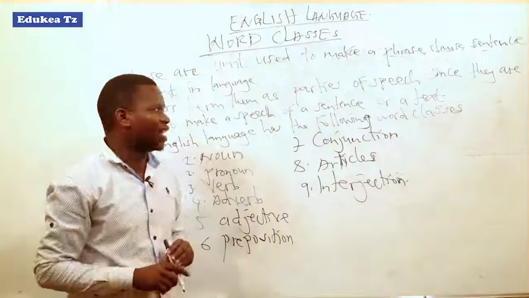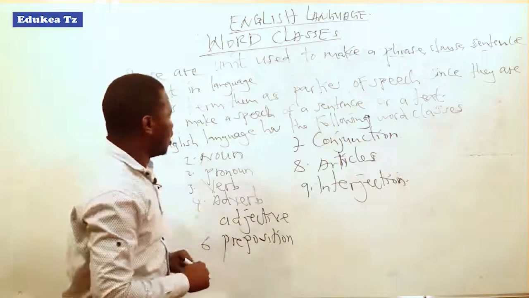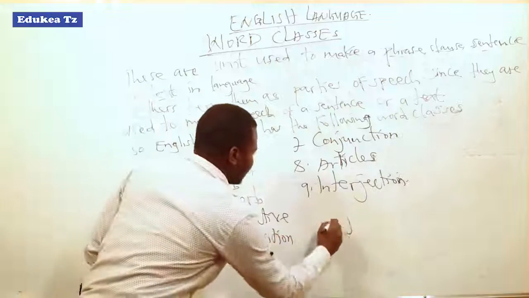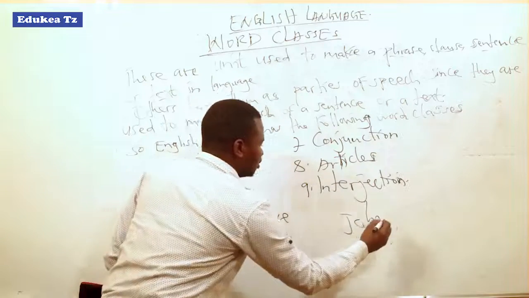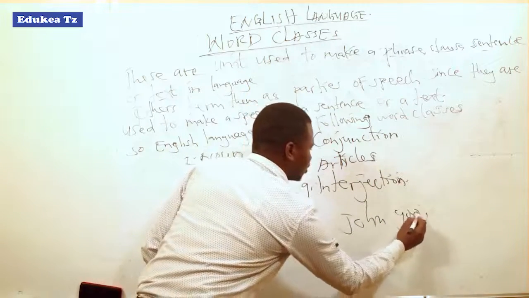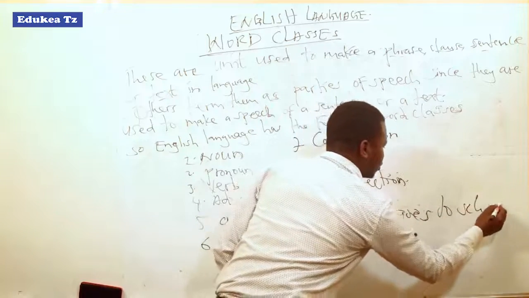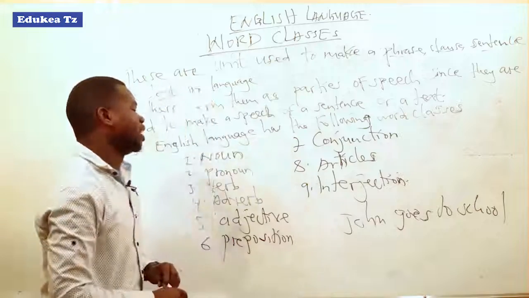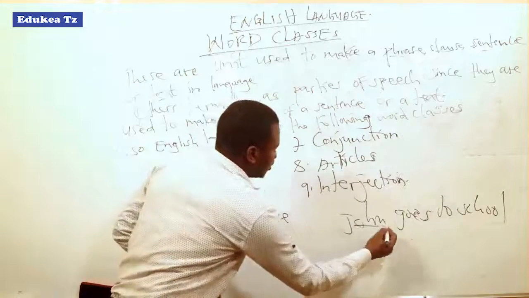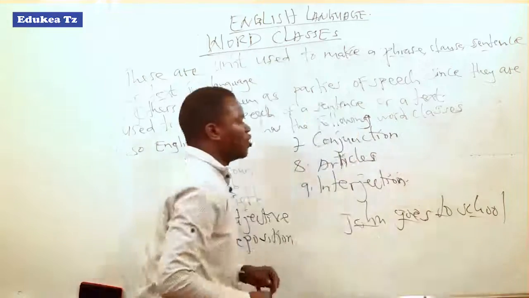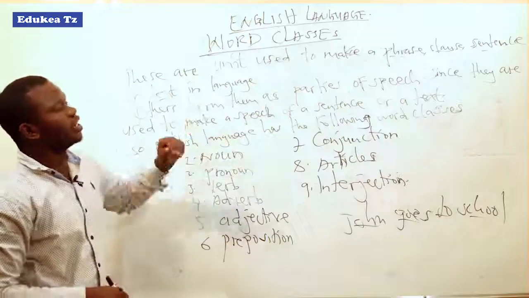any utterances. For example, if our sentence is "John goes to school." This sentence is made up of different words, and those words are the ones which are called word classes.